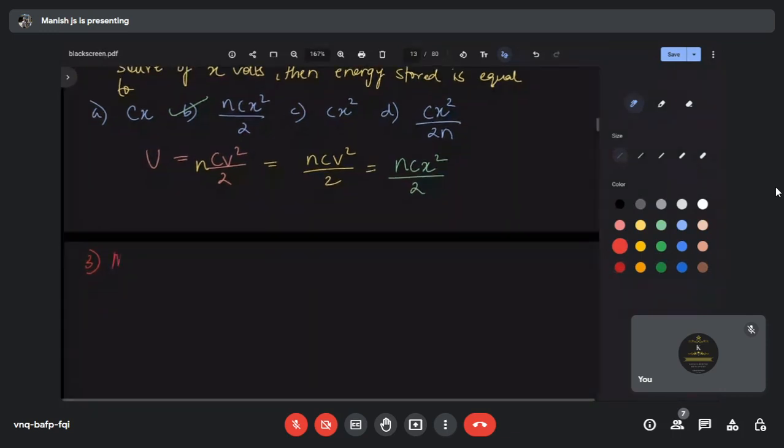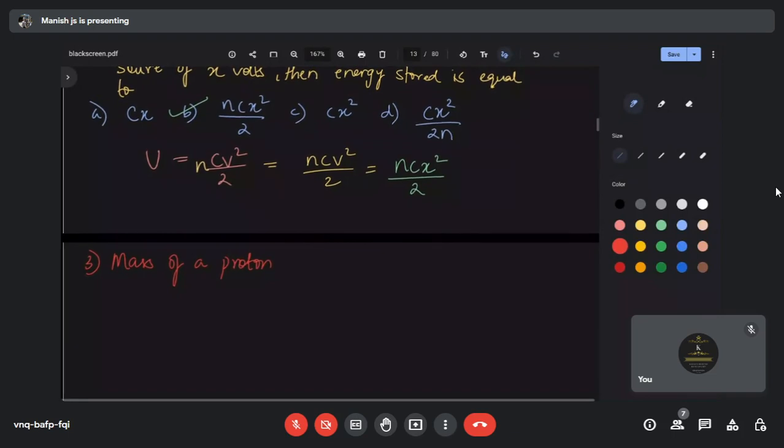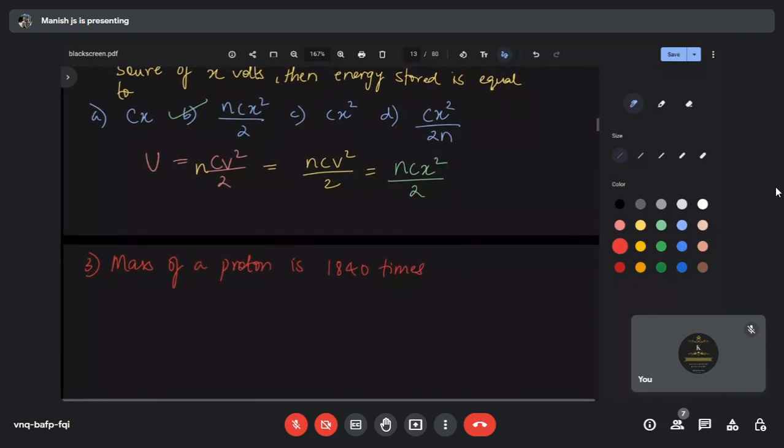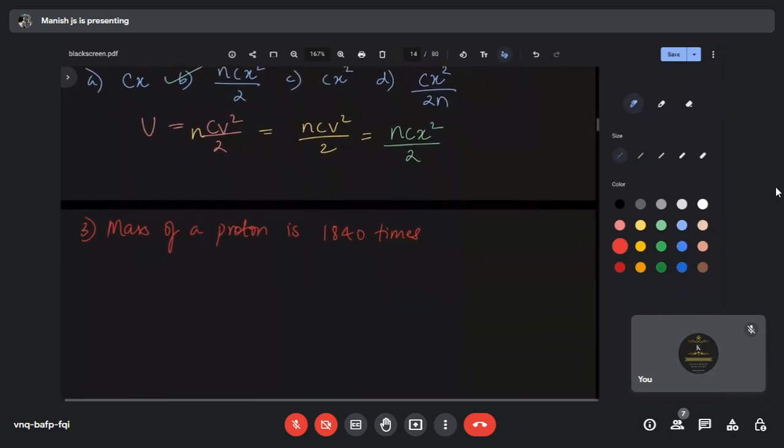Okay, next question. Mass of a proton is 1840 times that of an electron.